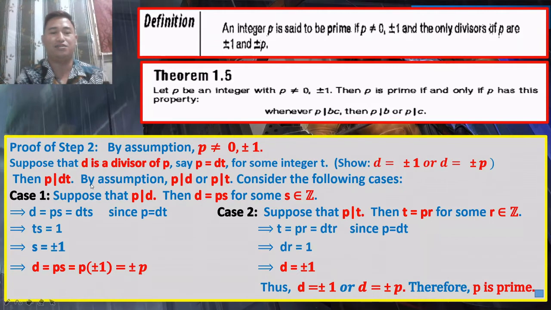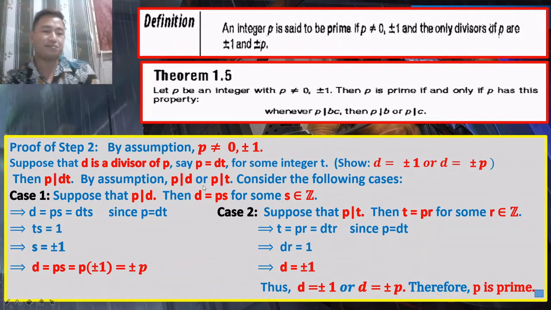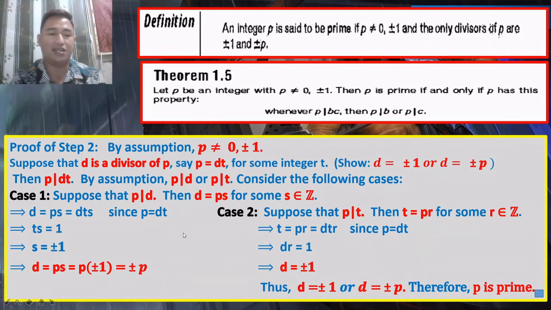From the assumption in step 2, which we assumed earlier and are going to show that P is prime, by the assumption, P divides D or P divides T. Because that property says if P divides BC, here it is DT. So P divides D or P divides T. We have used our assumption. So consider the following cases.